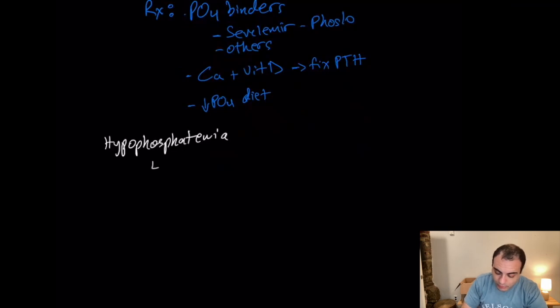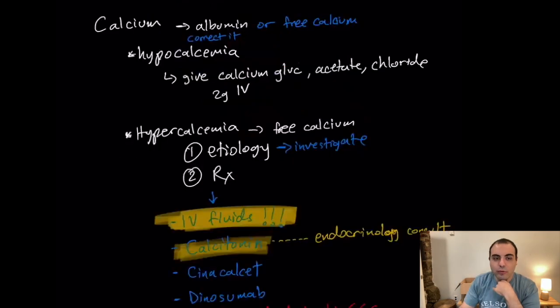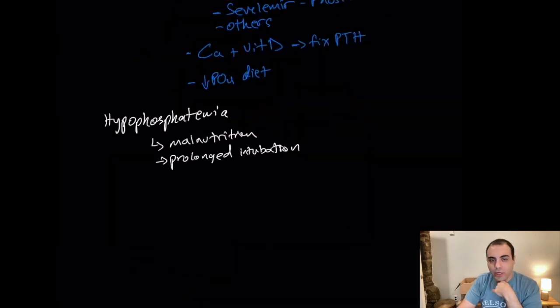So you're talking about somebody who's chronically malnourished, or if somebody has been intubated for a long time, so prolonged intubation. Okay, so somebody who's been on the vent for a couple of weeks, you might worry about hypophosphatemia, and this is why in the ICU setting you want to measure the phosphate almost every day.